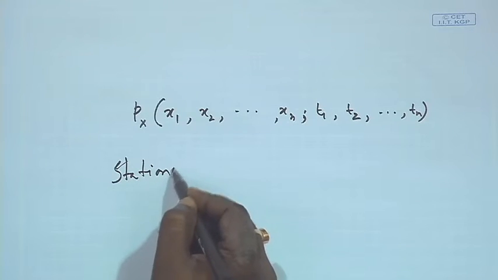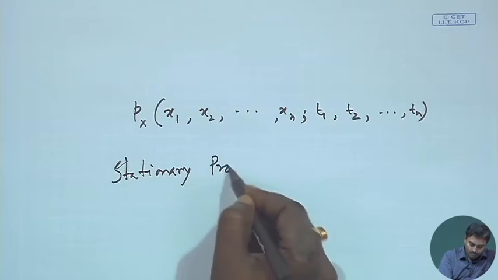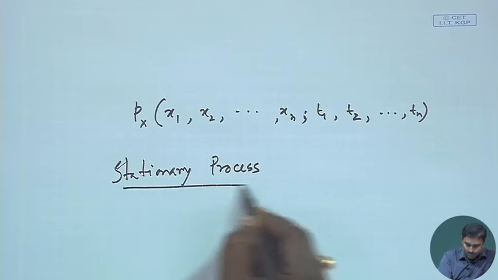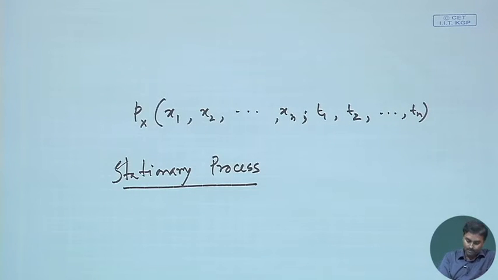So, we will now try to define the stationary process. Okay, so, this is something we will try to define. I have told that a stationary random process will be one whose statistical property does not change over time. Okay. What does that mean?